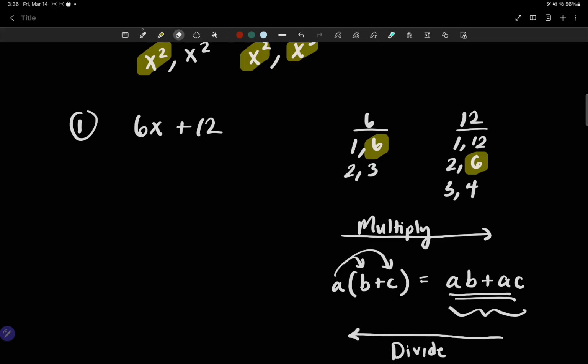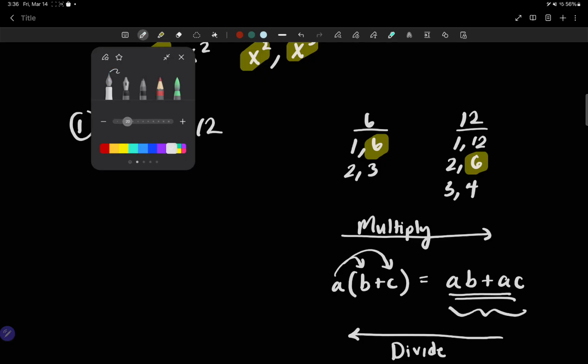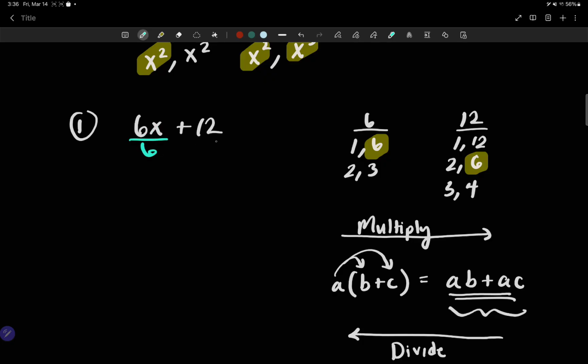So the scratch work is, all we're going to do is divide both things by 6. 6 divided by 6 is 1, and then 12 divided by 6 is 2.